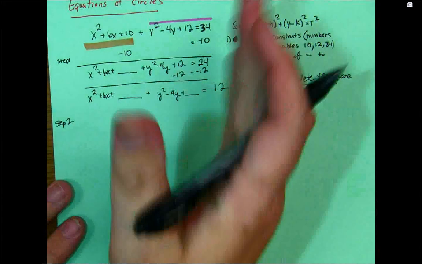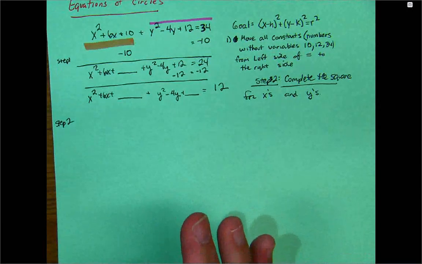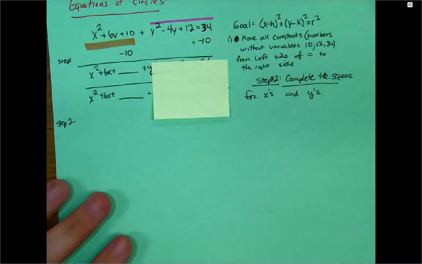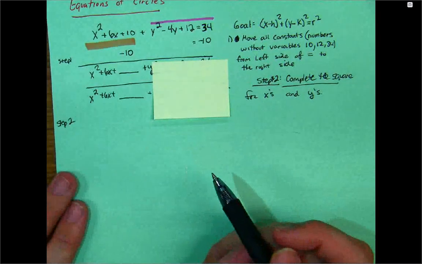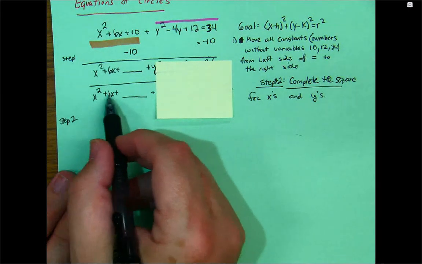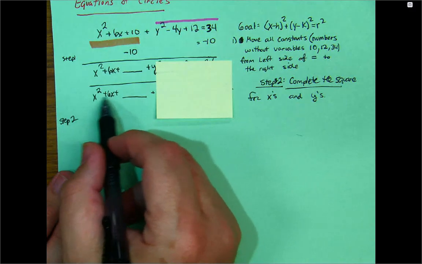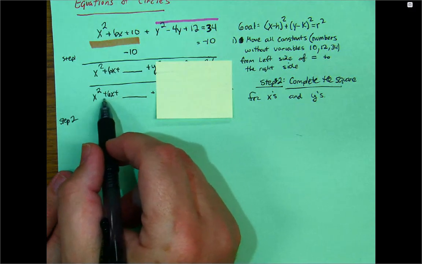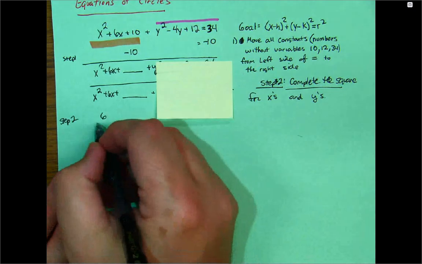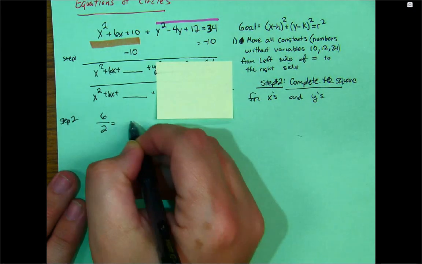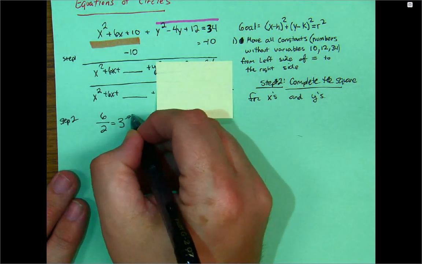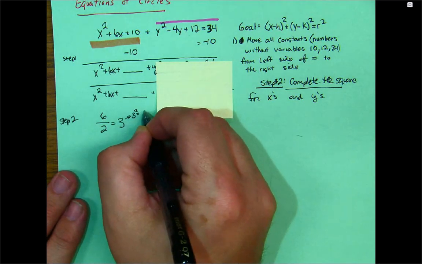We can basically ignore all of this right now. So I'm going to ignore all of that, and what's the number I'm going to use here in order to complete the square for this guy? 6. What do I do with the 6? Divide by 2, which is 3, and 3 squared is equal to 9, so I'm going to get a 9 up there.